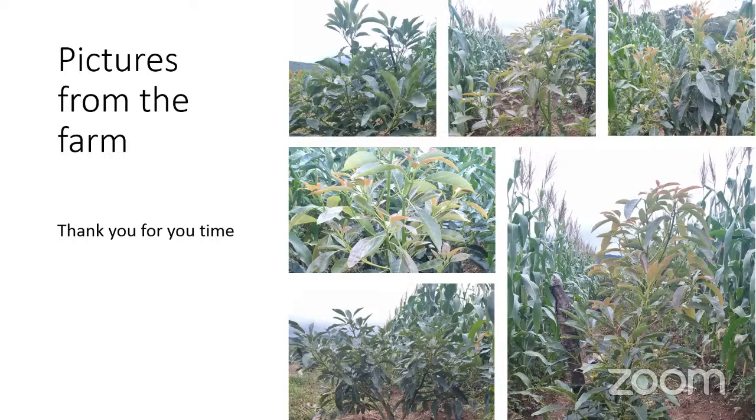Why? Because certified nurseries undergo inspection by the Plant Quarantine and Protection Service, which is now a department. They carry out routine checks to ensure that they adhere to the standards of producing seedlings.